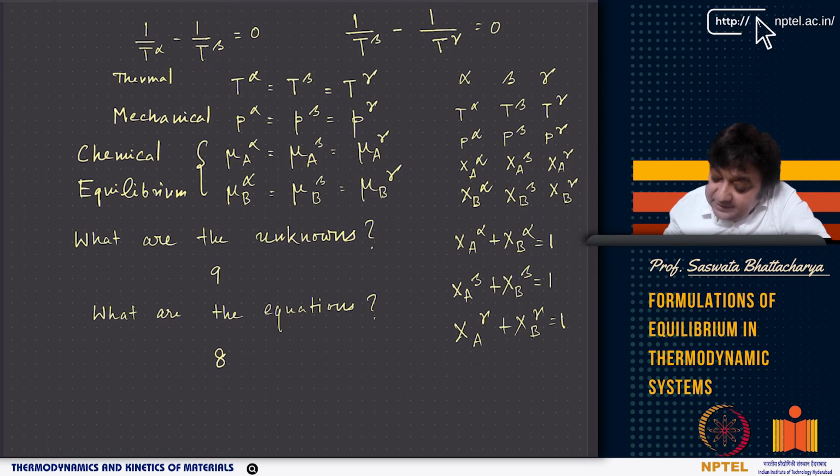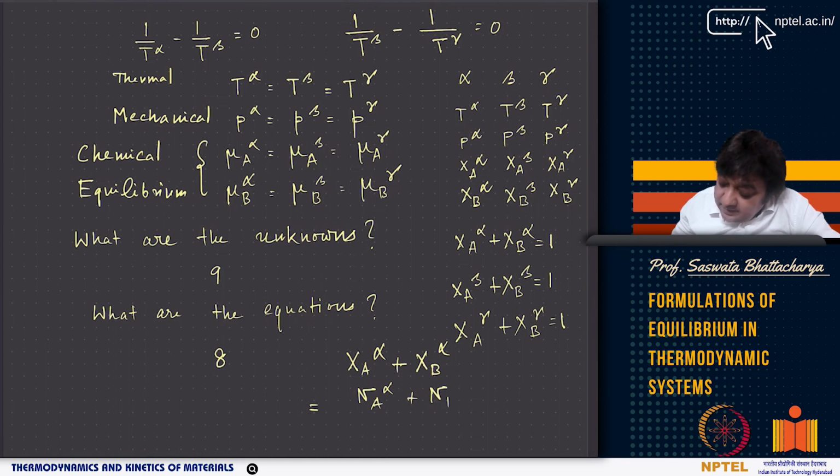XA alpha plus XB alpha equals 1. Similarly, XA beta plus XB beta equals 1. Because XA alpha plus XB alpha is nothing but NA alpha plus NB alpha by N alpha.